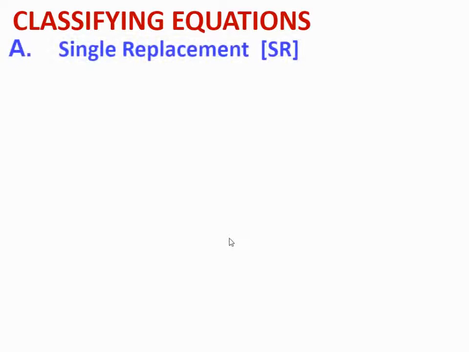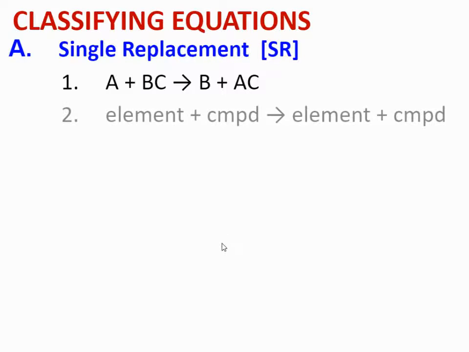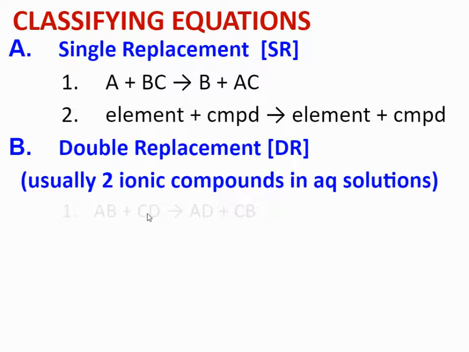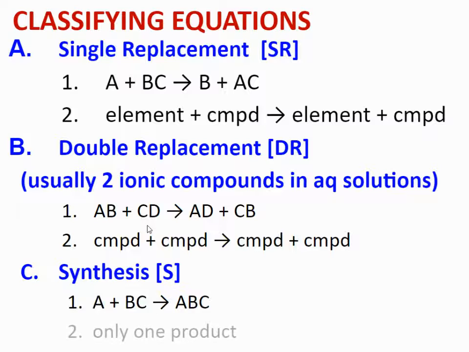Now, the one that we are most used to seeing is something like a single replacement or a synthesis problem. The double replacement, single replacement, and synthesis are all different types of reactions. If we look at single replacement, we are looking at A plus BC equals B plus AC type of equation, where one element replaces another element in the other compound.